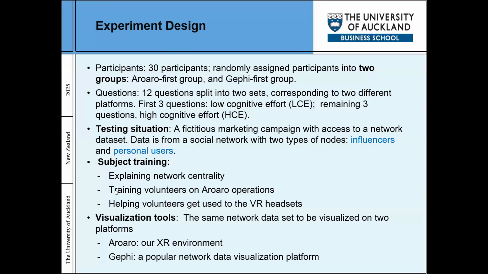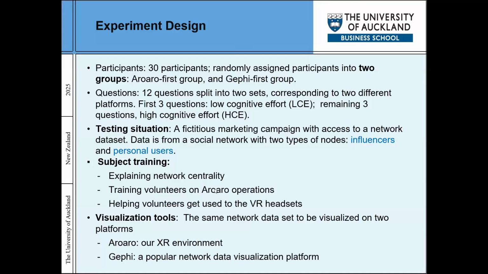Now, subject training. We started the experiment by explaining the concepts of network centrality, degree, closeness, and betweenness to the participants. Then we trained the participants on how to use the RORO headsets, since maybe they don't have any prior experience with them.